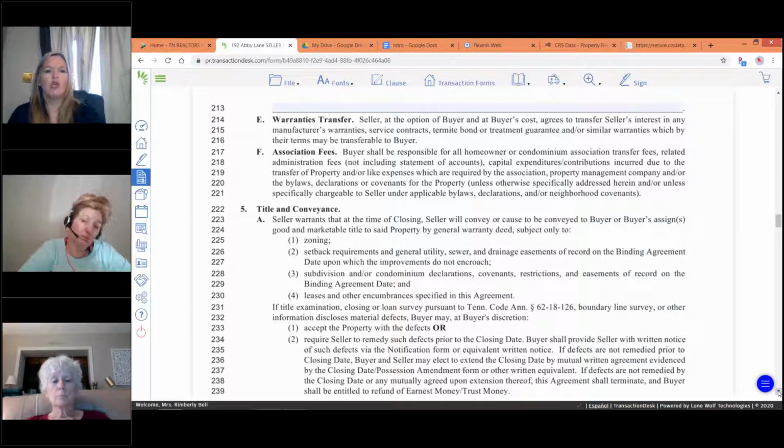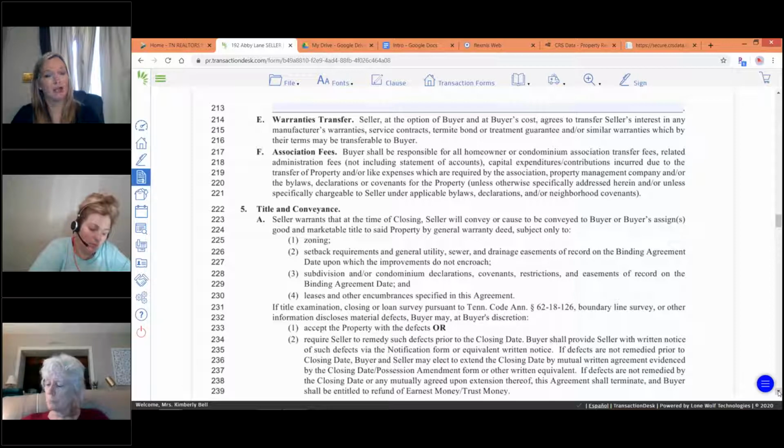This could be that maybe they did some block repair and there is a lifetime warranty on that repair. If there's a lifetime warranty, you want to see if there is a transfer fee. I've been hit with transfer fees at closing before. So if they say that there's a warranty, you need to ask the seller's agent, is there a transfer fee? And who's going to pay that transfer fee?